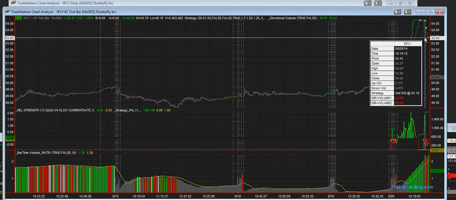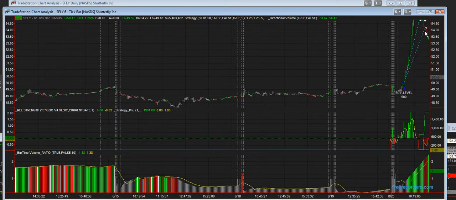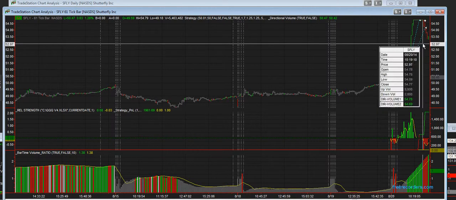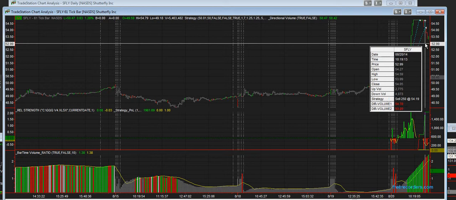When that happens, the algorithm will tighten the stop on half the amount of shares. It'll really tighten it up when the target is reached. So that will exit here roughly 54.19.